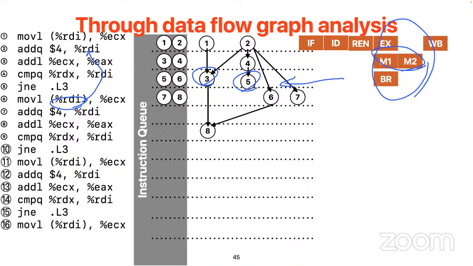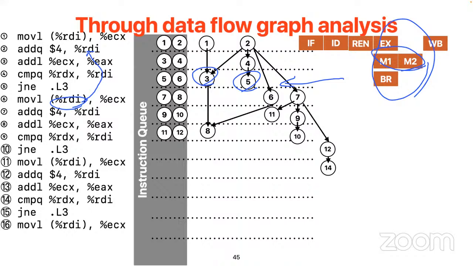And for 9 and 10, 9 depends on 7 only. Since 7 finished, you can execute 9 at this point. Looking at 10, it depends on 9, so you can only execute 9 at this point.